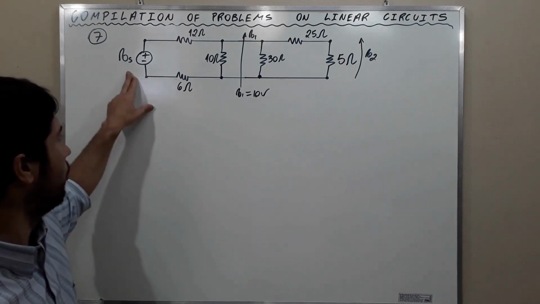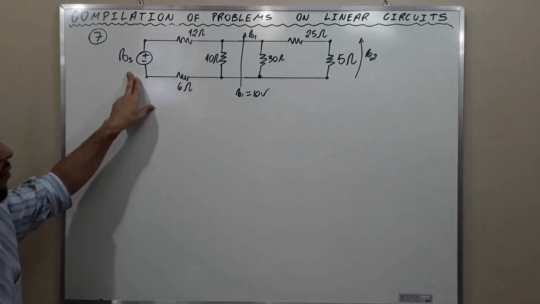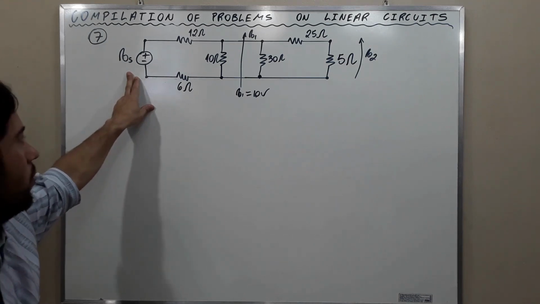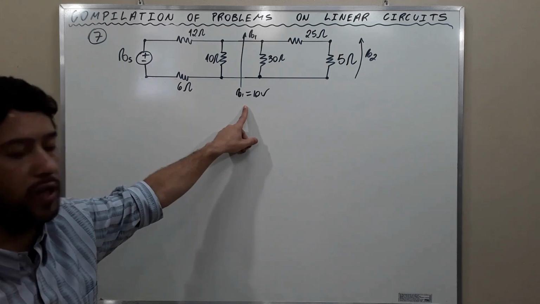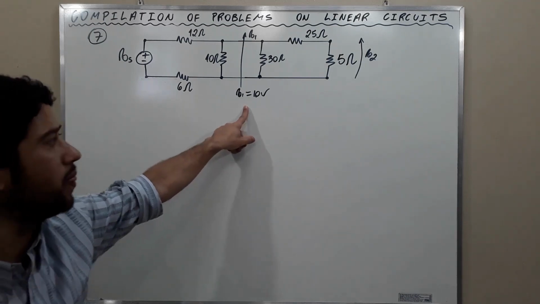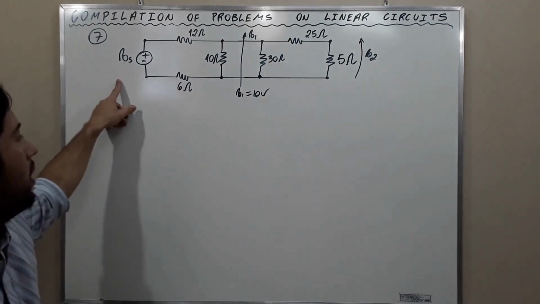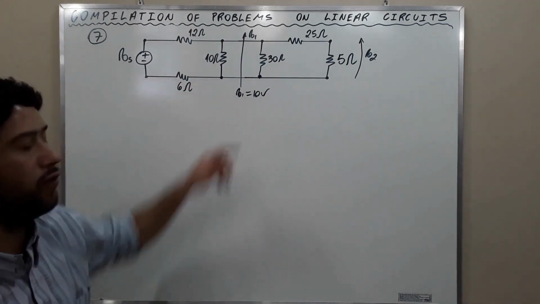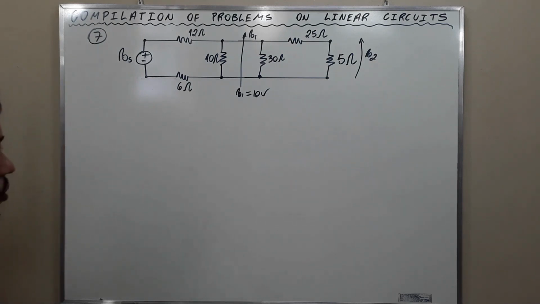We are requested to adjust the voltage of the power supply. So V1 is 10 volts. Now the exercise asks us, what is the value of V2 and Vs if V1 is 10 volts? This is what we are going to calculate.